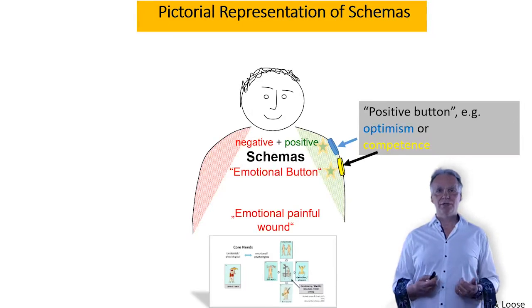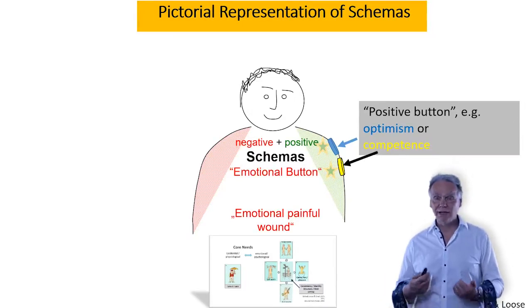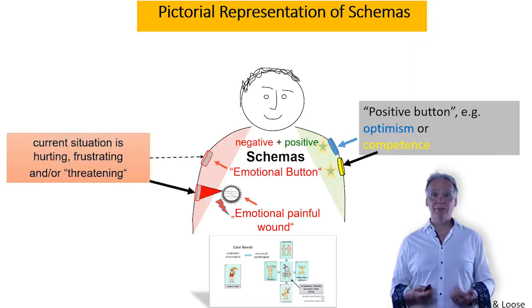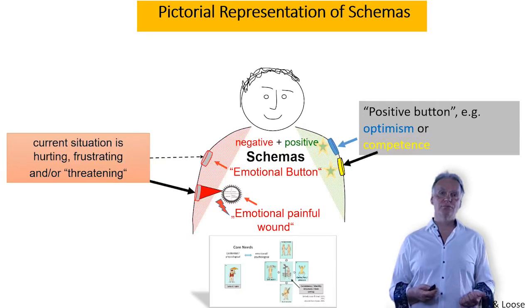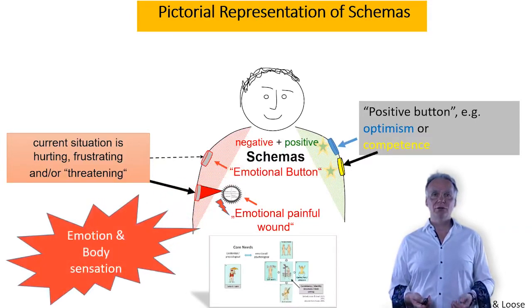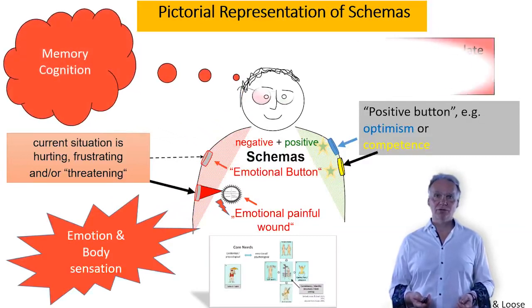They have a lack of needs that are not fulfilled, and what they build up is certain emotional buttons, like a pain point or a sore spot where certain situations hit on this wound, so to speak, and activate certain emotions and body sensations or memory and cognitions.